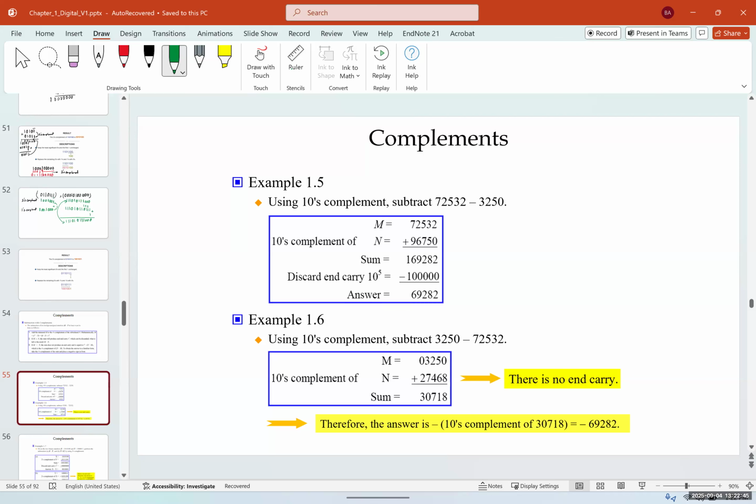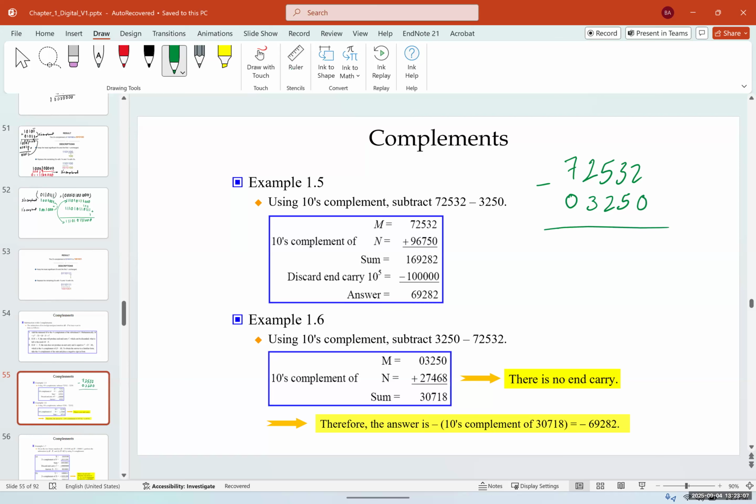How many digits does the second one have? 4. So the first thing that we do, 72,532 minus 3,250, we would add a 0 on the left, okay? Because both of them, we have to have the same number of digits, okay?